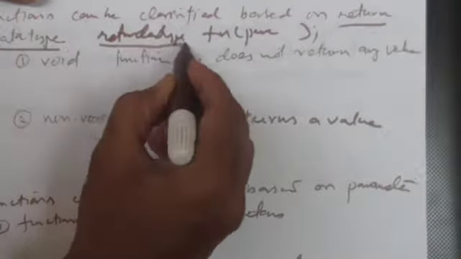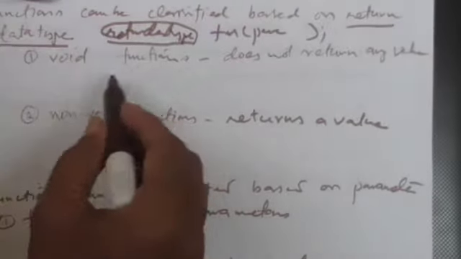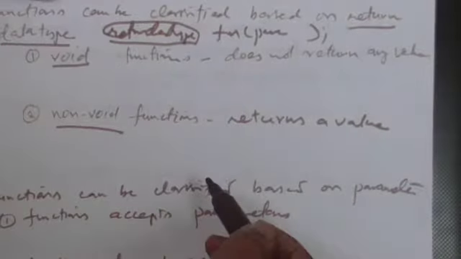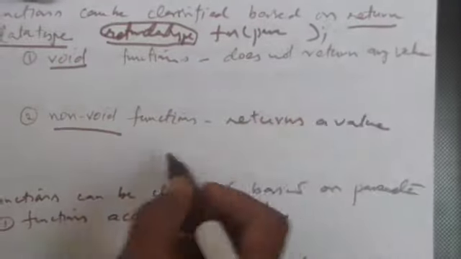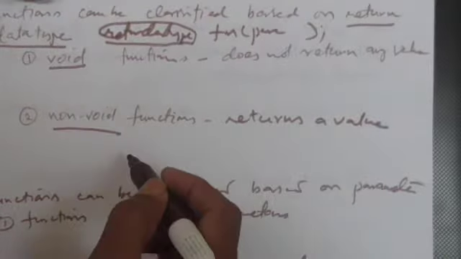So, based on the return data type, we can define functions as two types: void functions and non-void functions. Void functions do not return any value, and a non-void function returns a value.